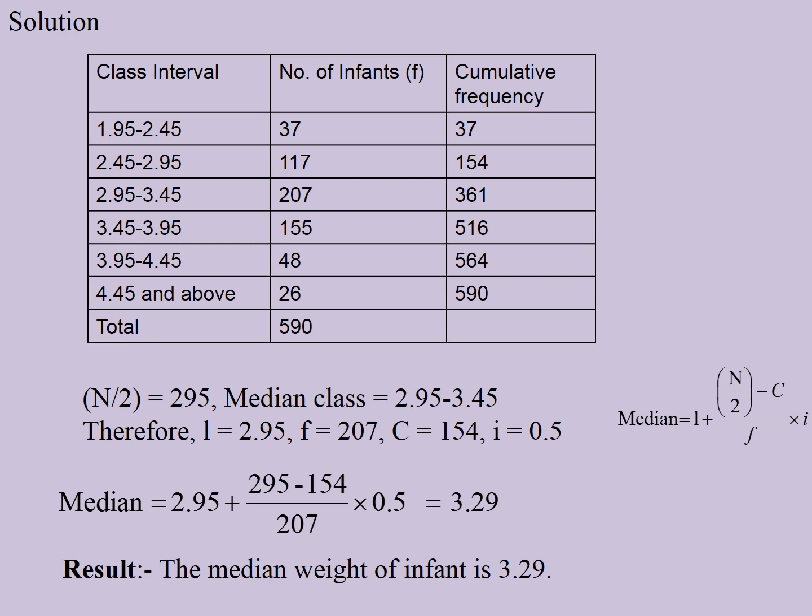When you add 154 and 207, you get the cumulative frequency for the third class, 361, and so on, and it comes to 590 for 4.45 and above.